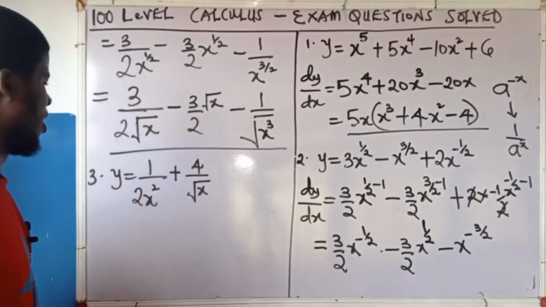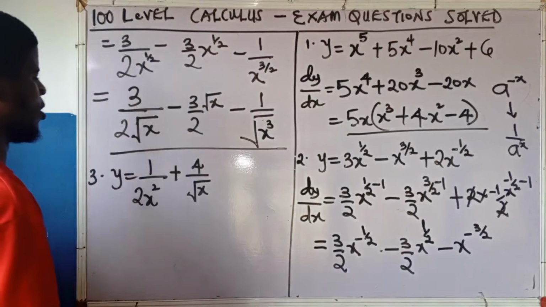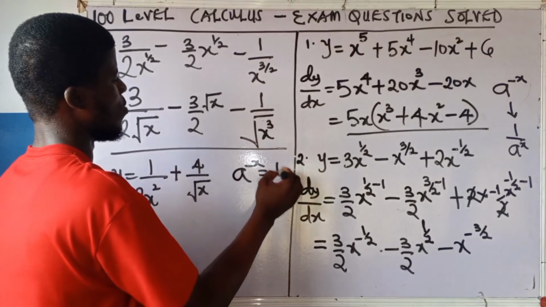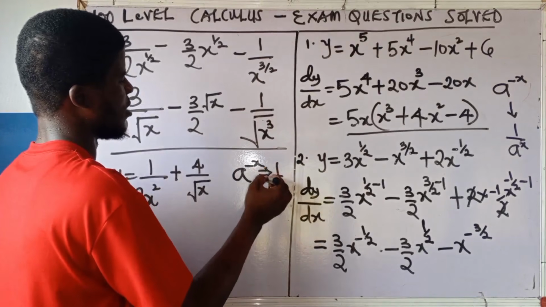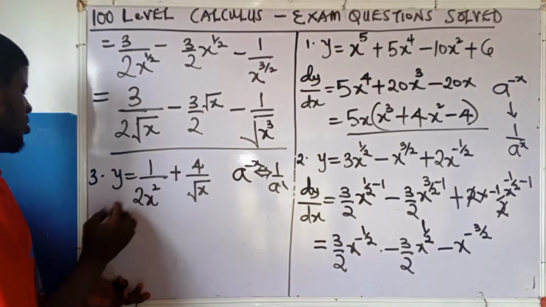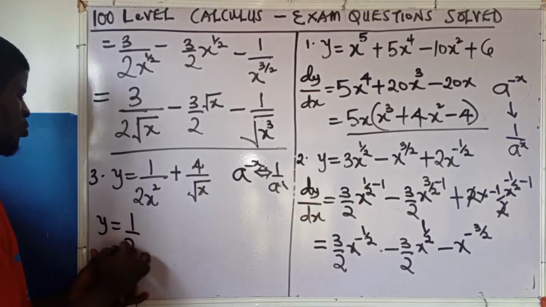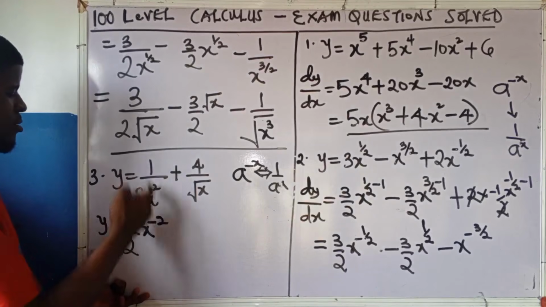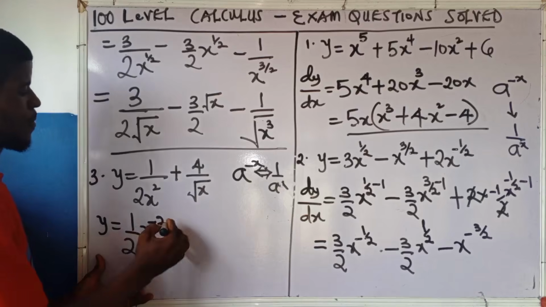Okay, so get me now. You know what we did earlier, we saw that a raised to the power minus x is 1 over a raised to the power x. It's like a forward and backward reaction, a reversible reaction. So what this means is y equals 1 over 2 times x raised to the power minus 2. That's the meaning of this by law of indices.